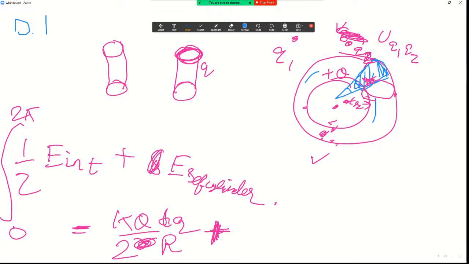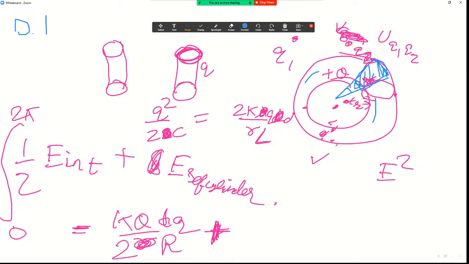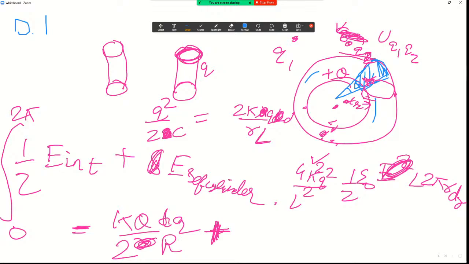Okay, we can just integrate this. We can equate Q square by 2C with the integral of field 2k lambda by R, where lambda is Q by L. Energy density is one half epsilon naught E square into dv, and dv is L times 2 pi r dr. So E square is 4 k square q square by L square r square.